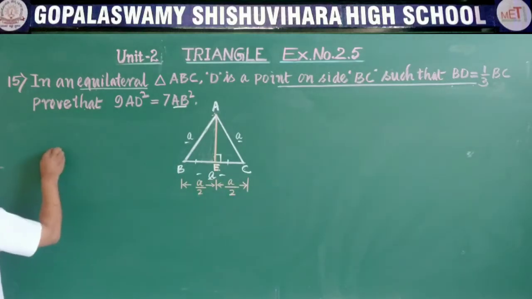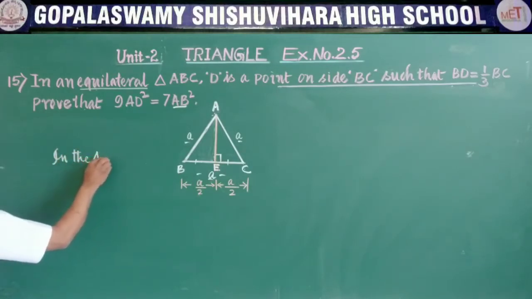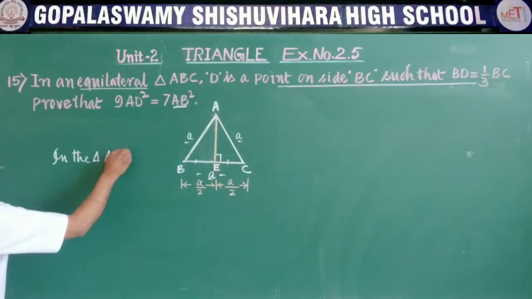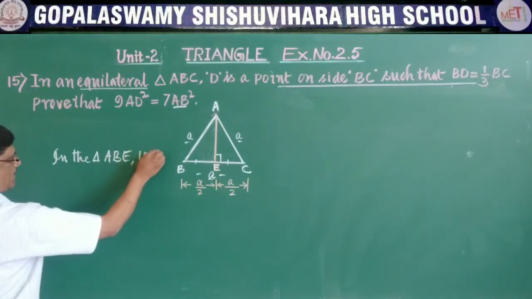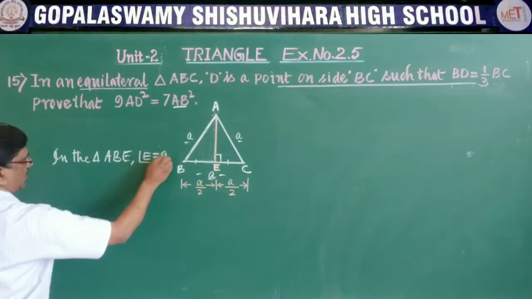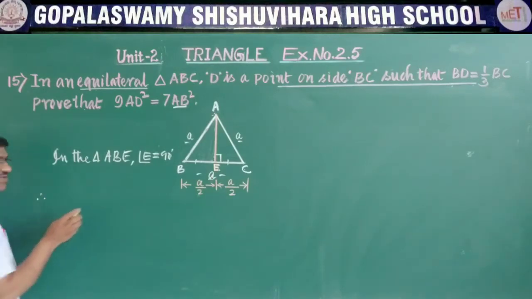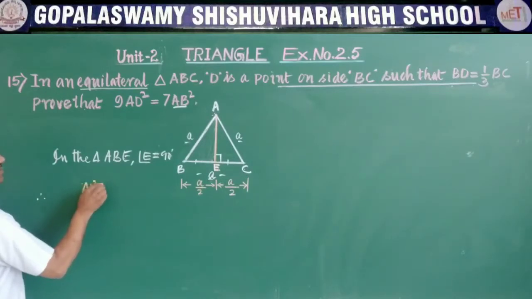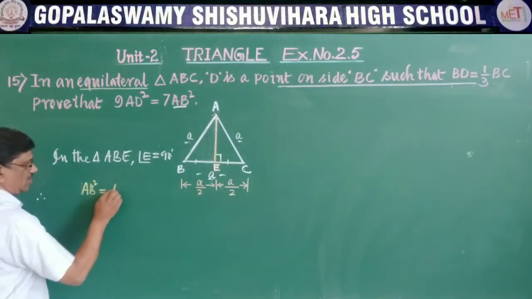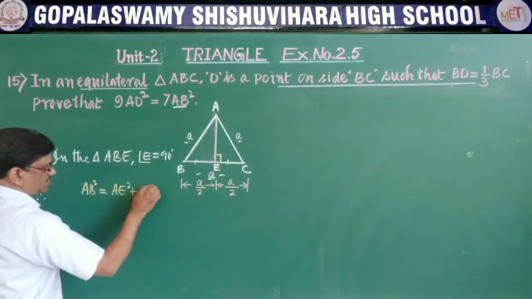So, in the triangle ABE, angle E is equal to 90 degrees. Therefore, we can apply the Pythagoras theorem. When we apply it here, AB square is equal to AE square plus BE square.